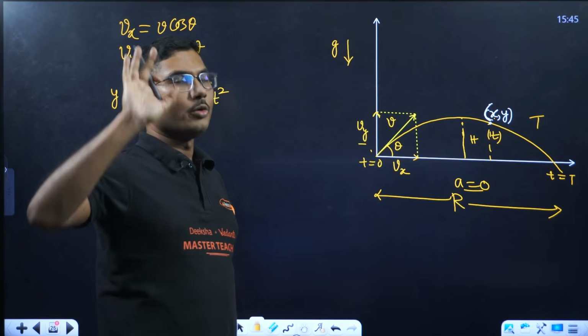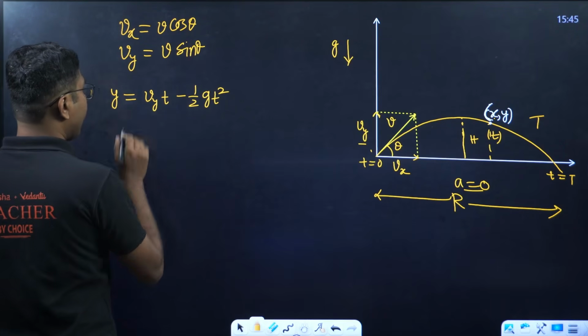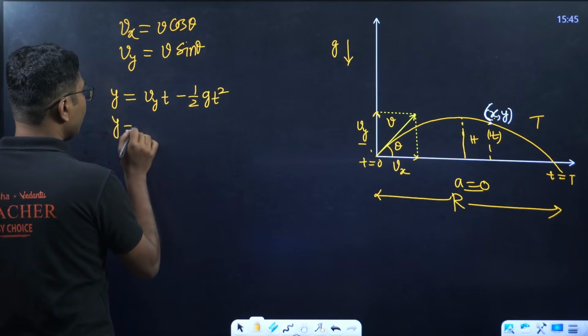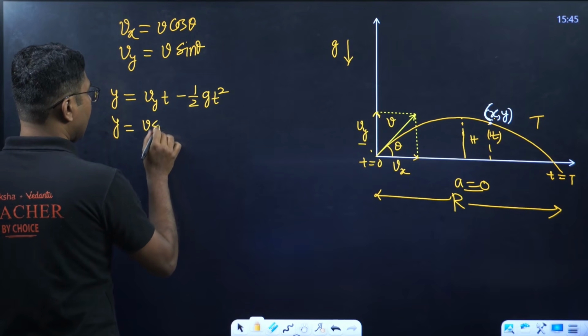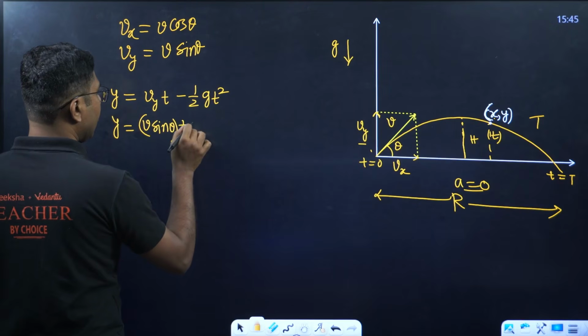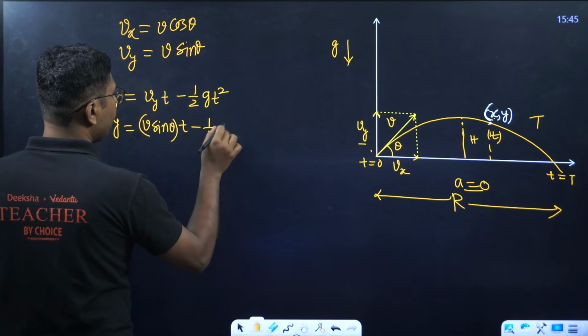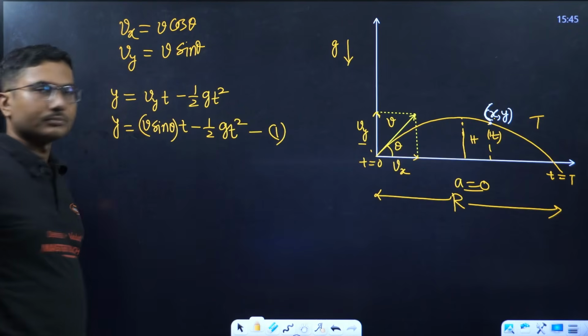Clear? Don't make any mistake over here. So this is the y coordinate, right? So y equals v sin theta into t minus half g t square. Let's say this is my equation number 1.